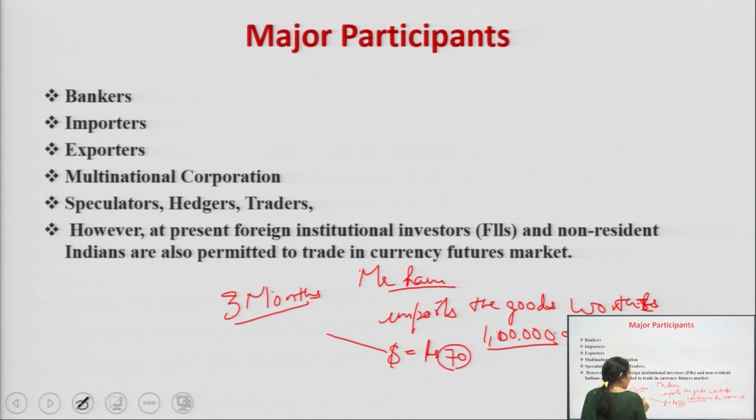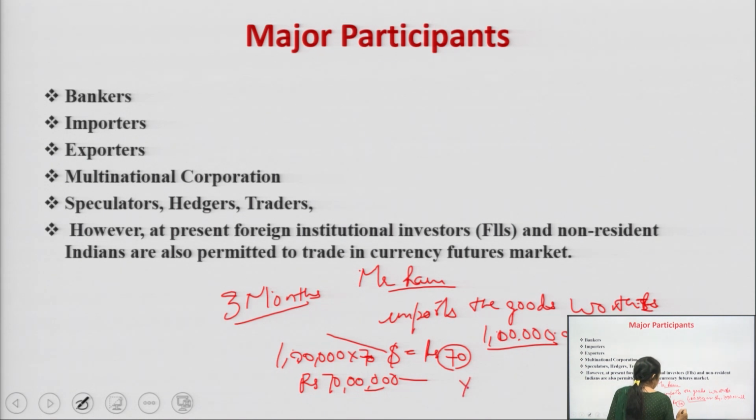How much amount does he have to pay? 1 lakh multiplied by 70, that is rupees 70 lakh. This much amount he has to pay to the company, which you can name XYZ company.